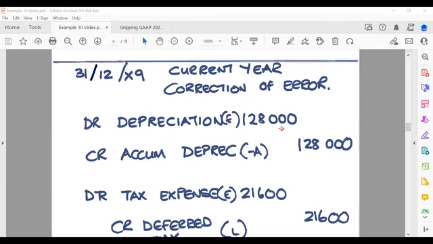So if we look at the slide that I've got on, we know our depreciation is 128, which we have to add back. How much is our wear and tear? It's 20% of 1 million, which is 200,000. So we're going to add back 128 and we're going to subtract wear and tear of 200,000.